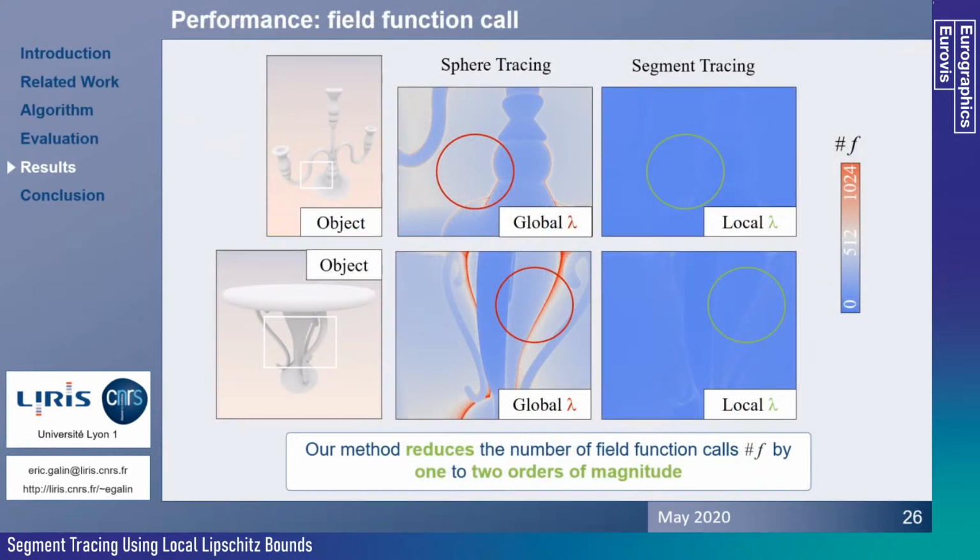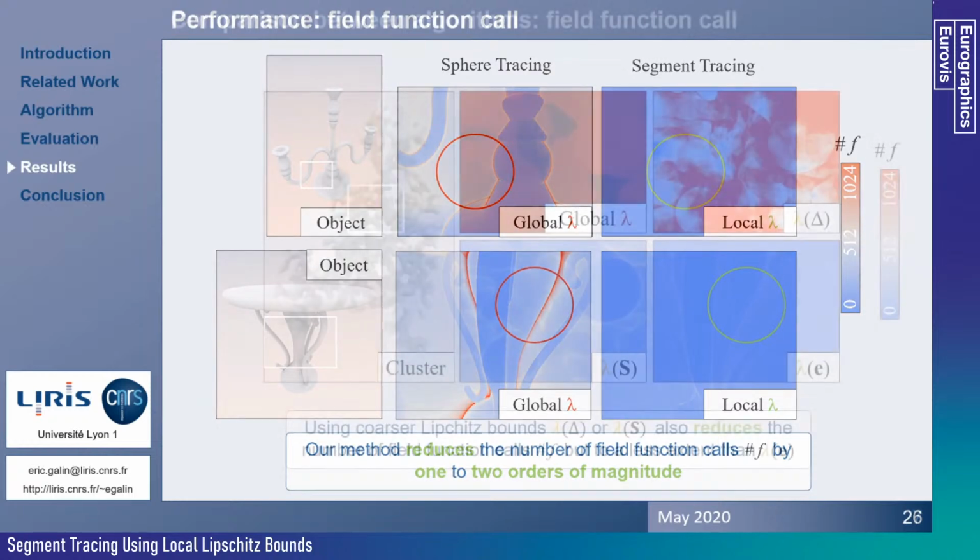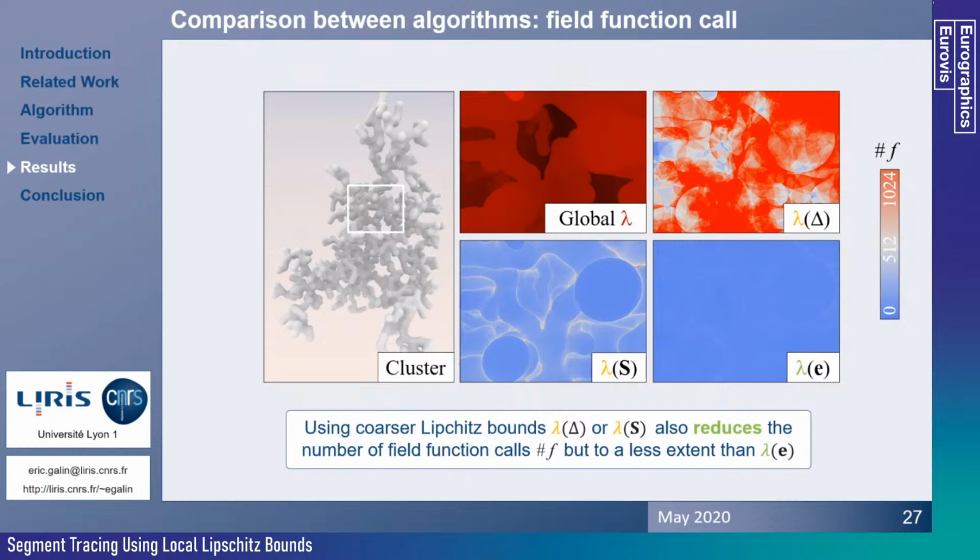First, results show that our method significantly reduces the number of field function calls, sometimes by up to 2 orders of magnitude. This can be seen on those images showing the number of field function calls. Here we show the gain in terms of field function calls for different local Lipschitz bound strategies, along a ray, in a sphere, and over the candidate segment itself.